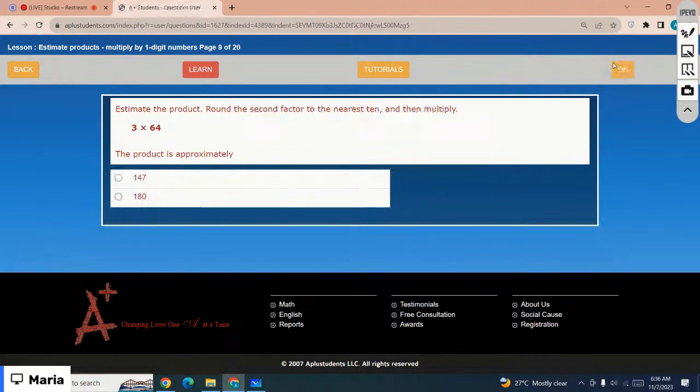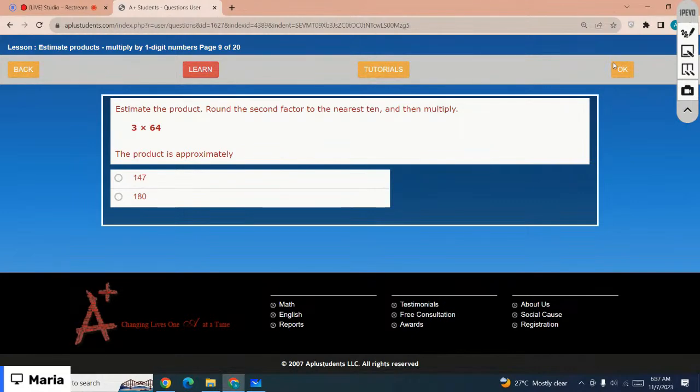Estimate 3 times 64, which is the correct option. 64 is rounded to 60, so that is 180.